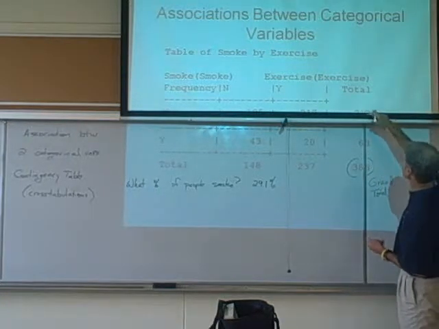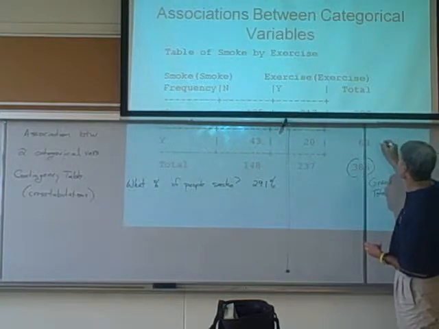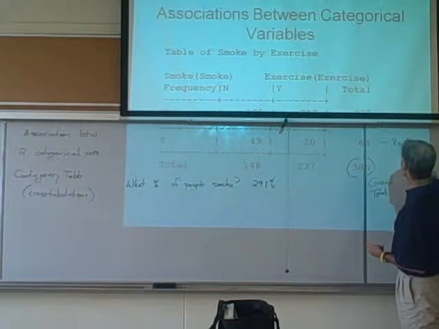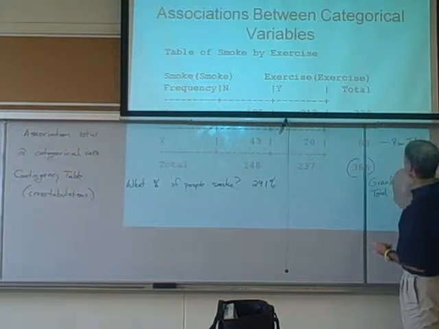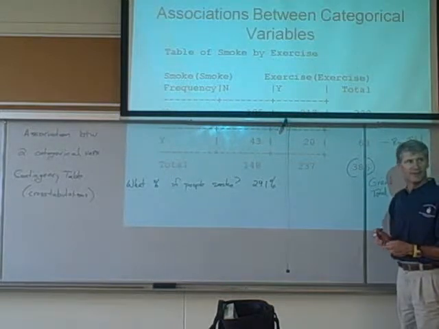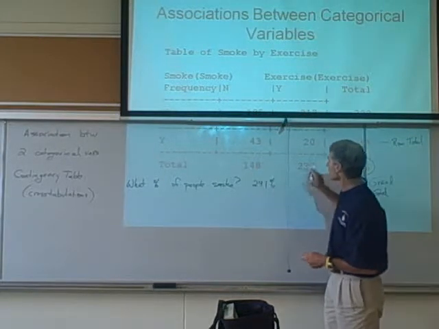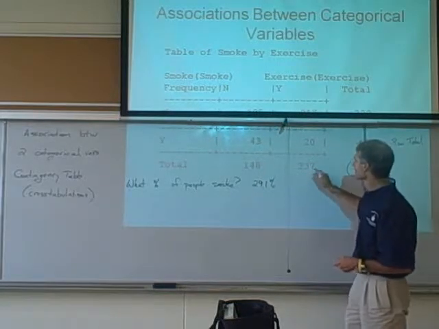These two numbers here, 322 and 63, are called row totals. And these are called column totals.